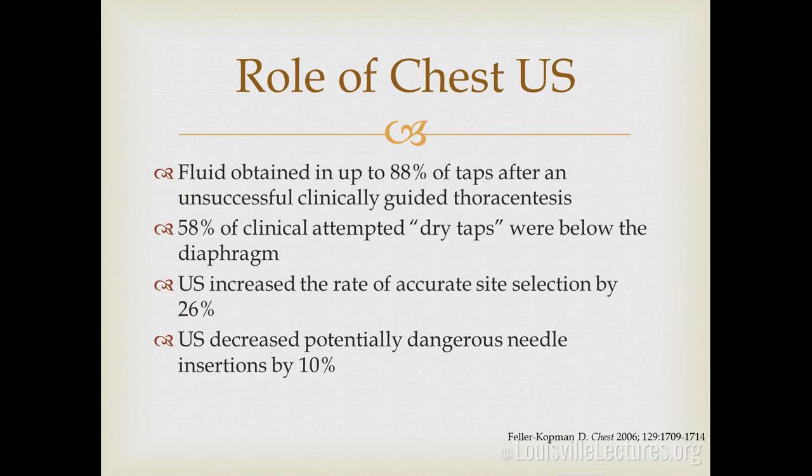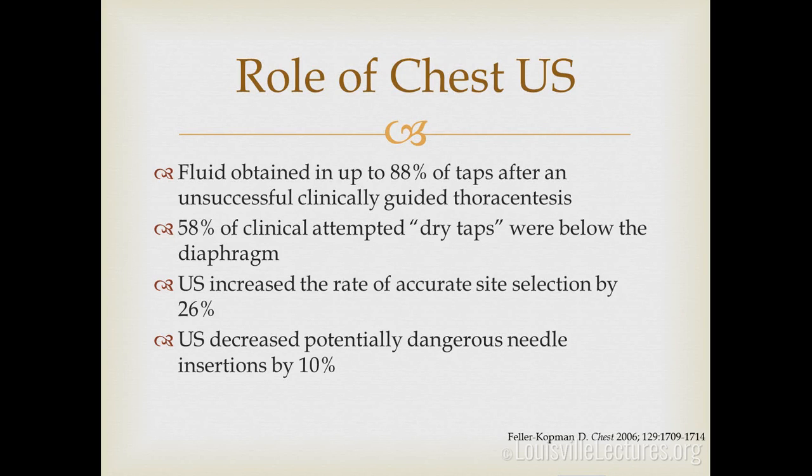This is another scary slide. So they looked at what happens if you do a clinical assessment, this is where the fluid is, and then you go in with a needle and you don't get anything. So they found that in about 90% of these kinds of situations, if you did an ultrasound subsequently, it helped you do this thoracentesis.